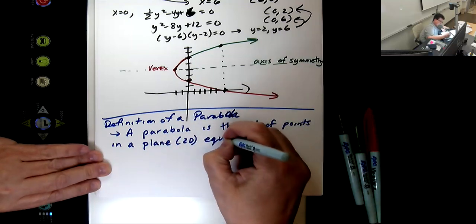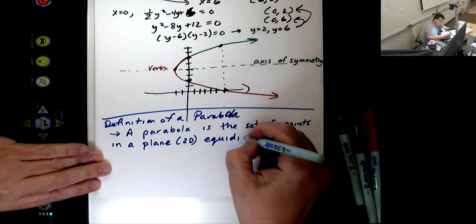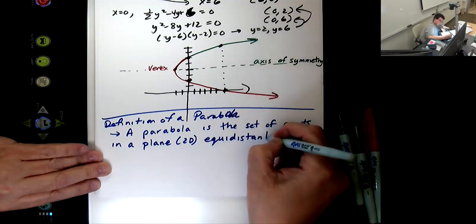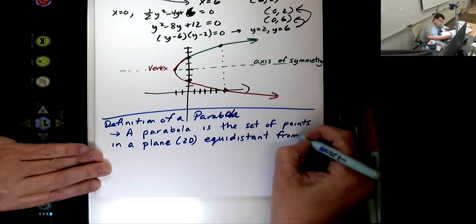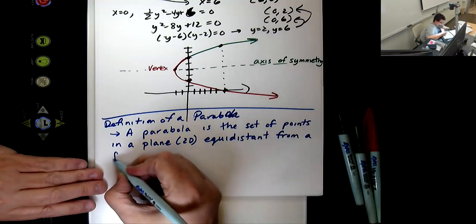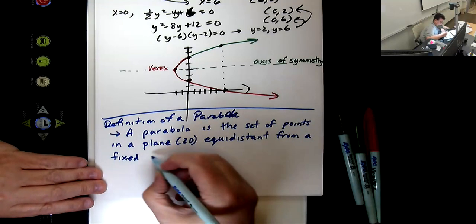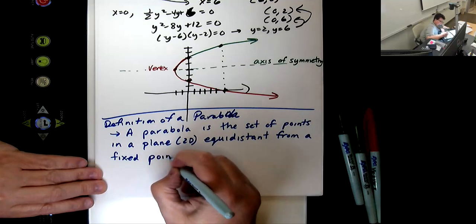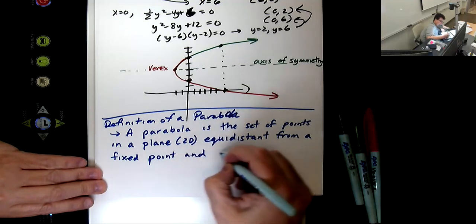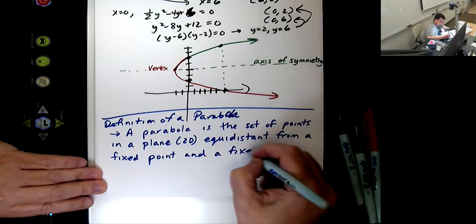Equidistant from a fixed point and a fixed line.